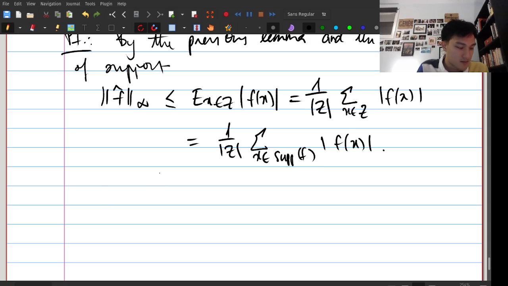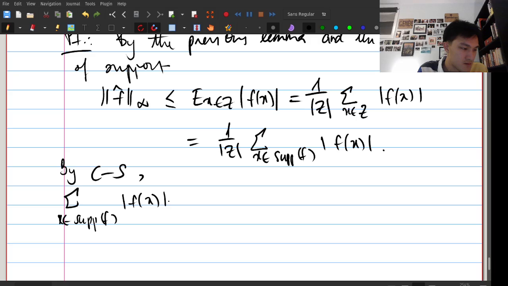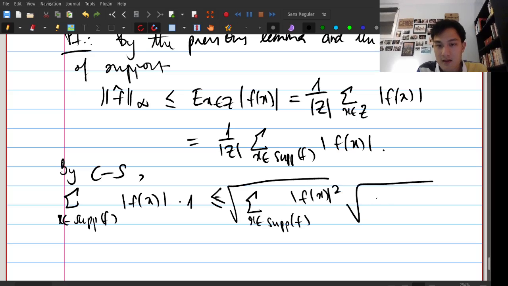By Cauchy-Schwarz, the sum over x in the support of f of |f(x)| times 1 is less than or equal to, remembering there's a square before, so we put a square root, the sum over x in the support of f of |f(x)| squared, times the sum over x in the support of f of 1 squared.